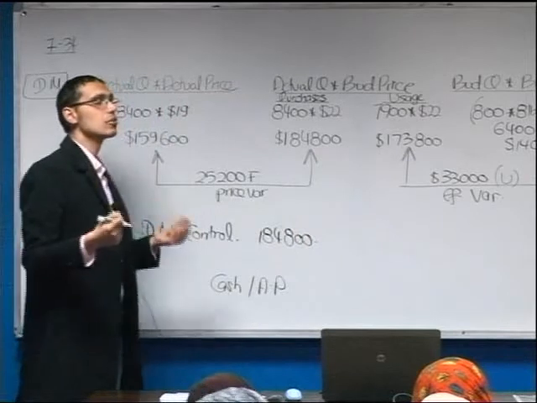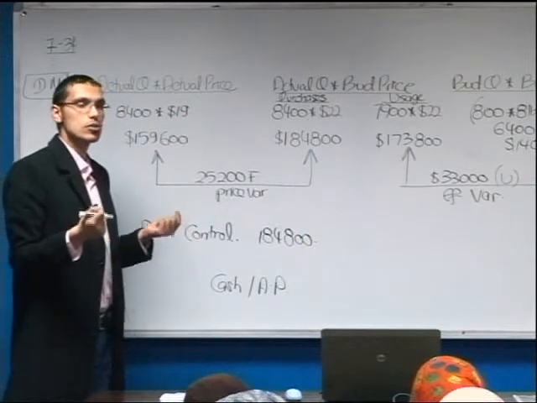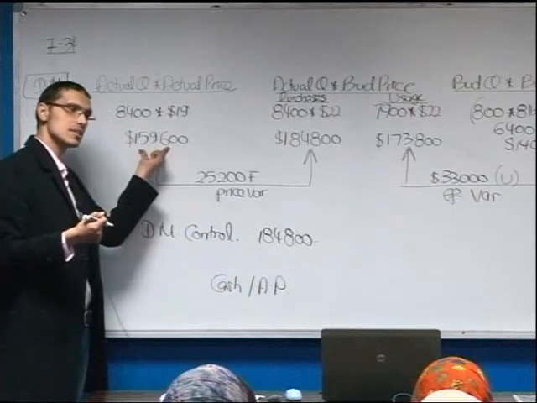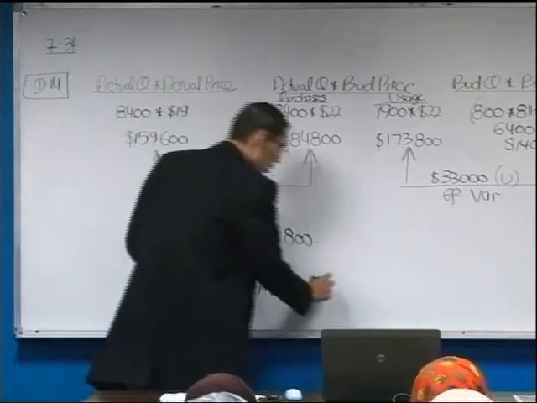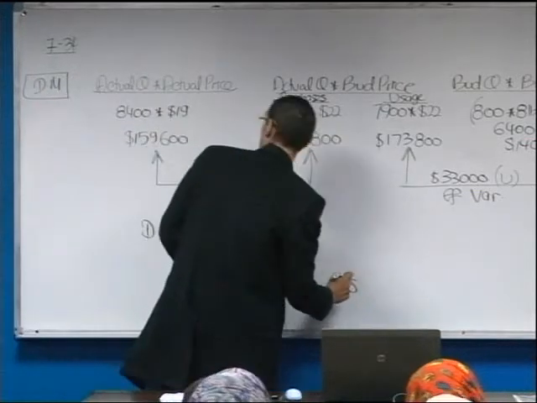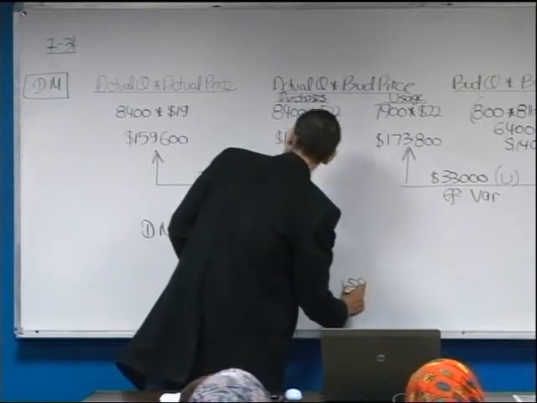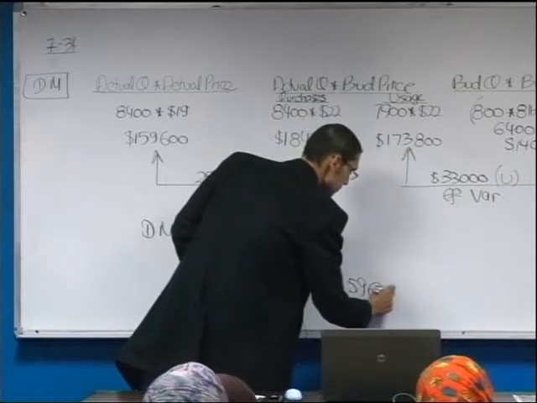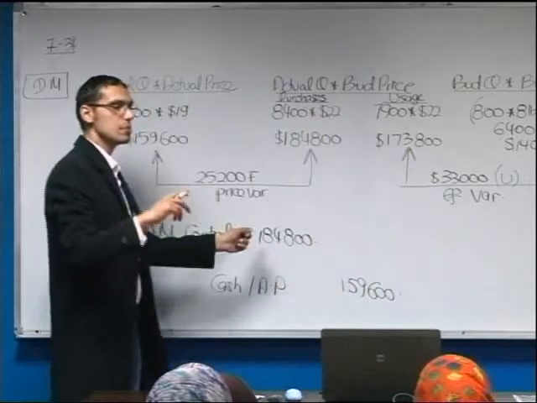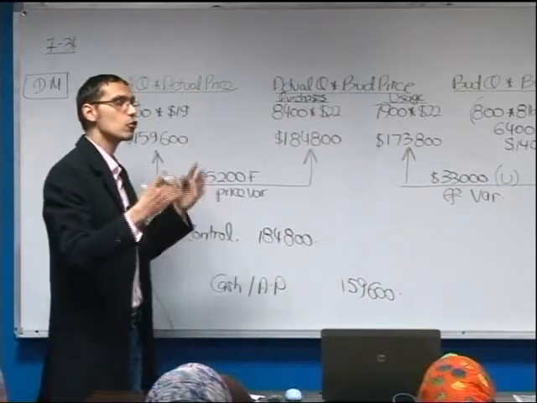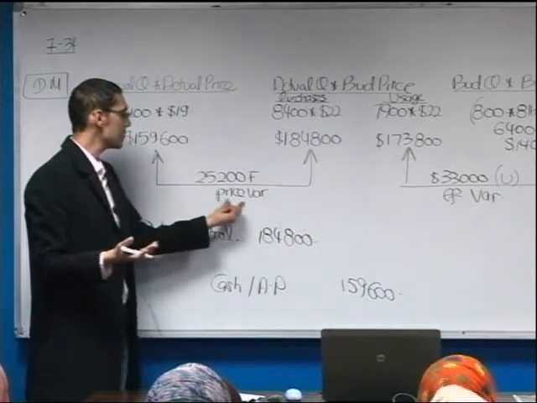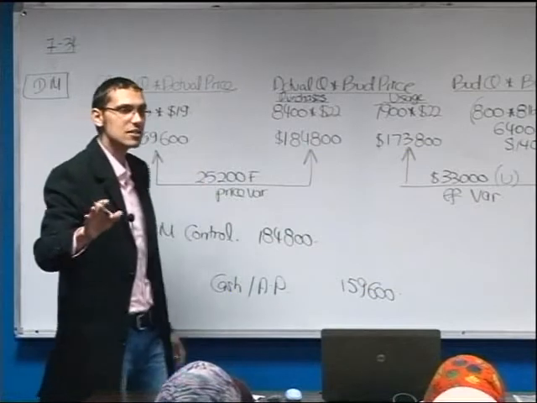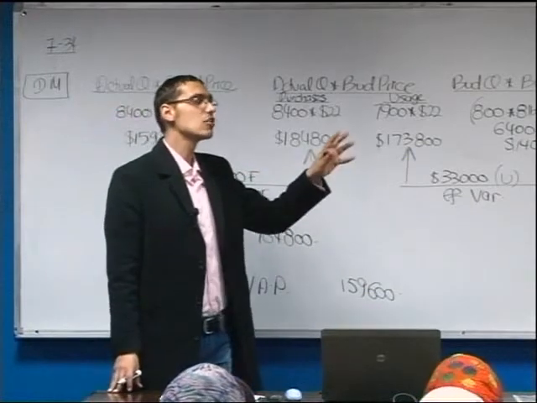How much is the amount that should be paid to the supplier? Only 159,600. Therefore, the accounts payable or cash would be recognized by the amount of 159,600. As we can see here, the debit does not equal the credit. Therefore, we have a variance. What is the variance? It is a favorable variance, and we said that favorable variances are considered as revenues.